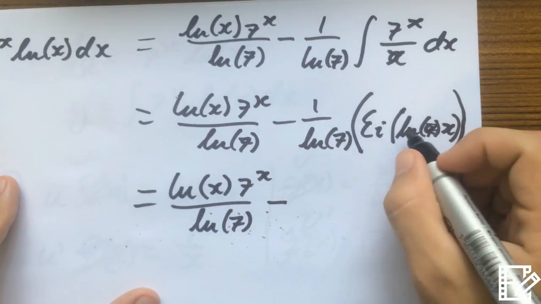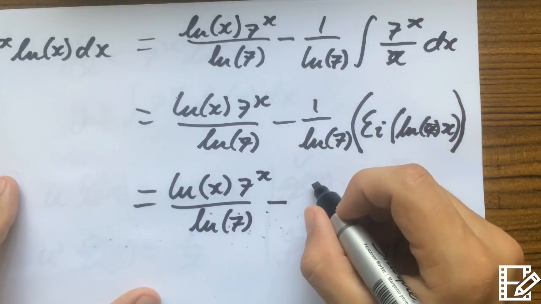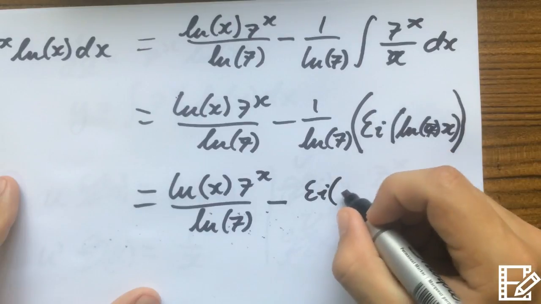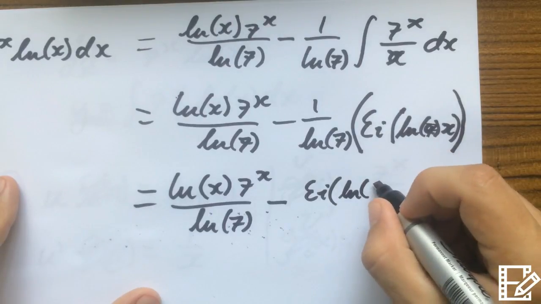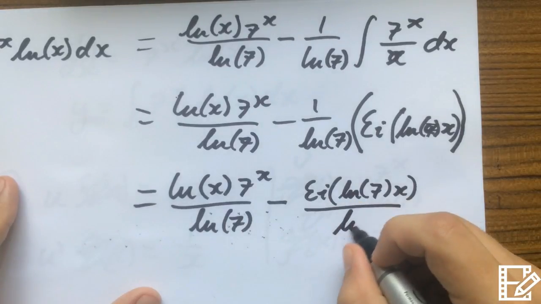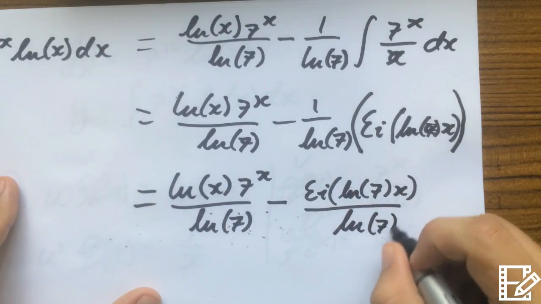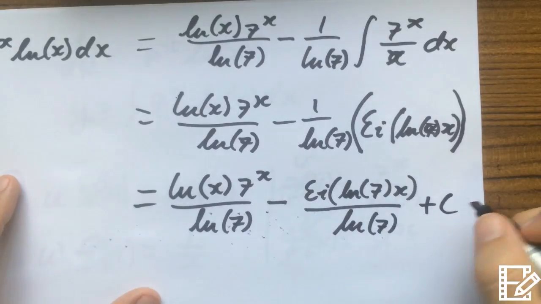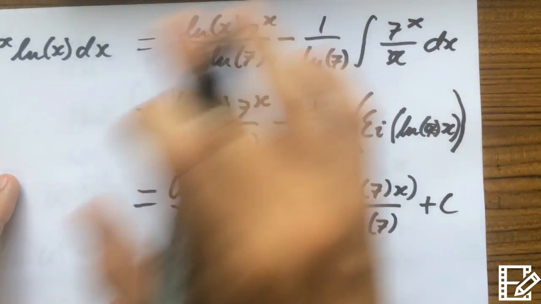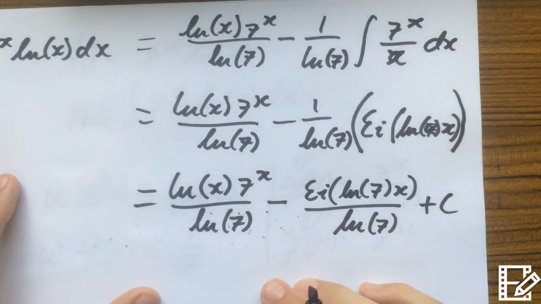Subtract this on top of that, which would be Ei of ln of 7x over ln of 7 plus c. I only added the c on because there was no real way I could add a c through this, and I didn't want to do it at the beginning, so I'm just going to add it on at the end.